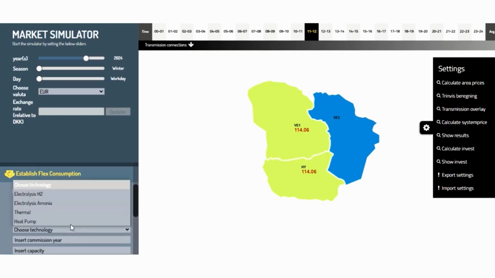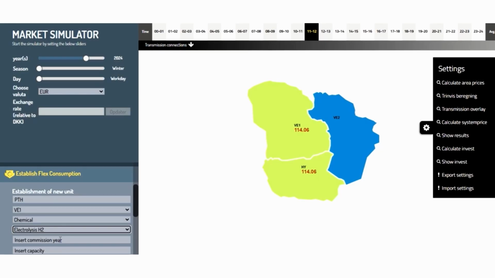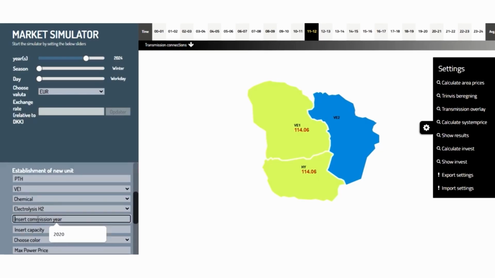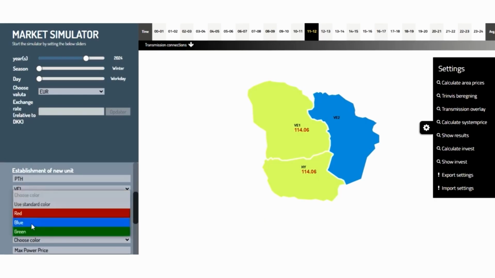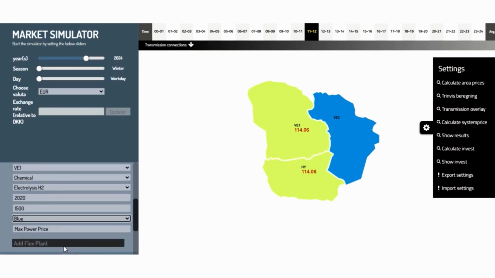Choose technology, it is electrolysis producing hydrogen here. The commissioning year is 2020. The capacity is 1500 megawatts. The color here, say it's blue color. The price, max price was 100 euros per megawatt hour. And then I add the plant here. So now the plant here is added at V1.